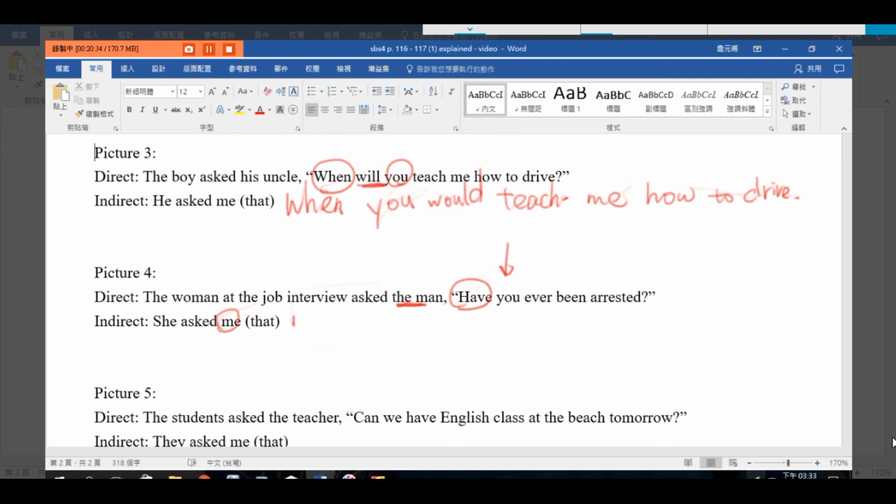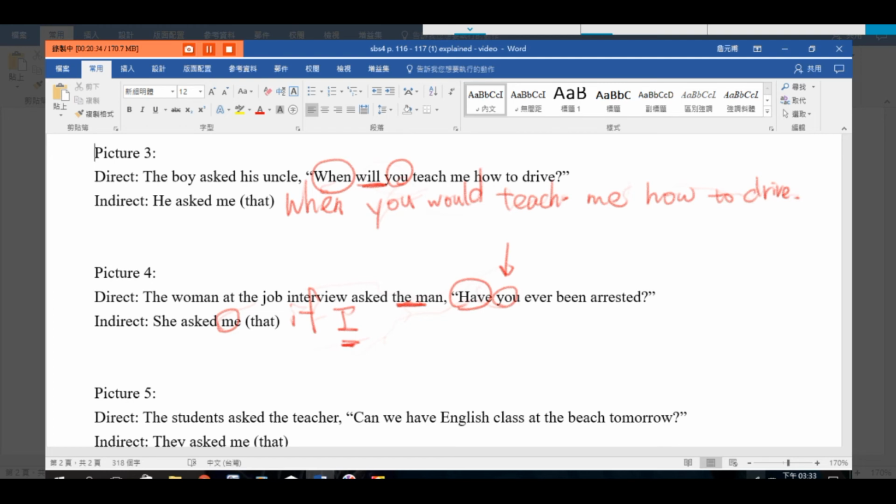Let's go with if. So she asked me if, okay, no, it's no longer you because I am being asked. So I. Now present perfect tense, make sure that a subject is before the verb. Over here, a subject is before a verb. Yes, checked. But also make sure to change the verb.